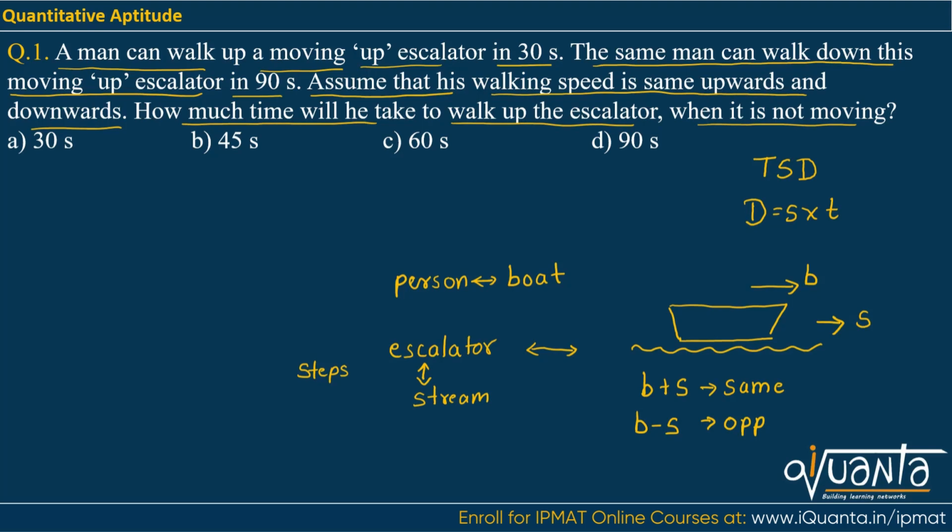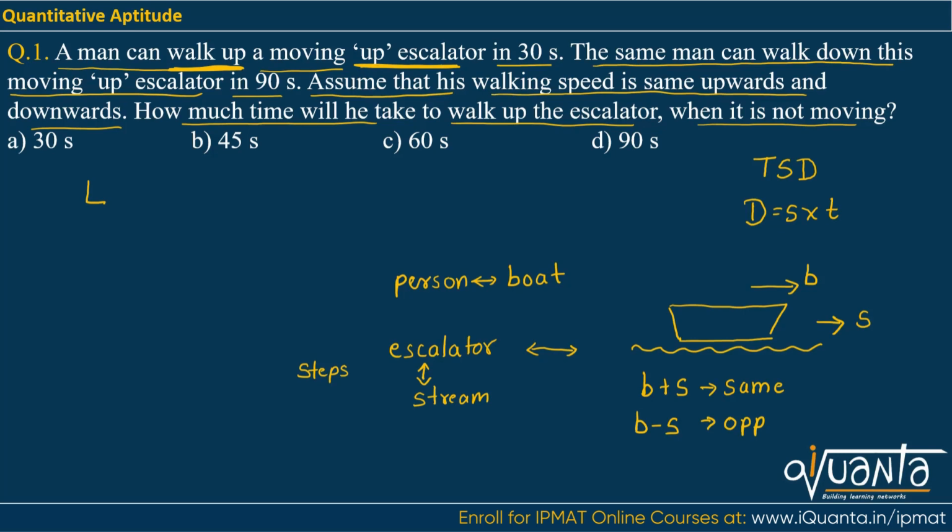So we have an escalator, there will be a certain distance that the man will travel. So let us assume that the distance is L or D, whatever. Now in the first line we were given that the man can walk up a moving up escalator in 30 seconds. So that means the man is also walking up and the escalator is also moving up. That means the escalator and man are moving in the same direction.